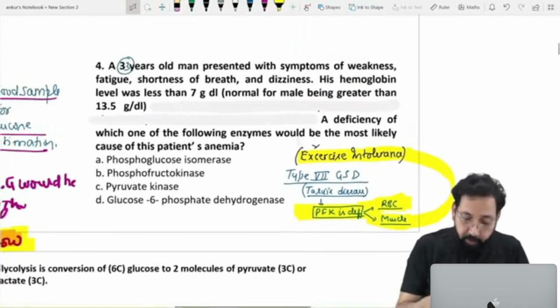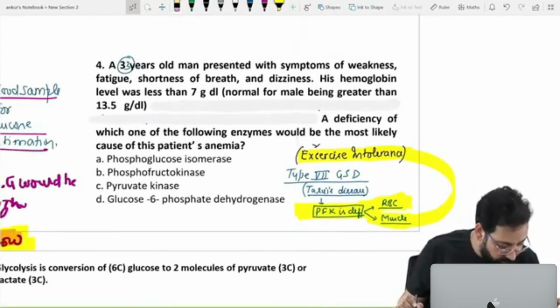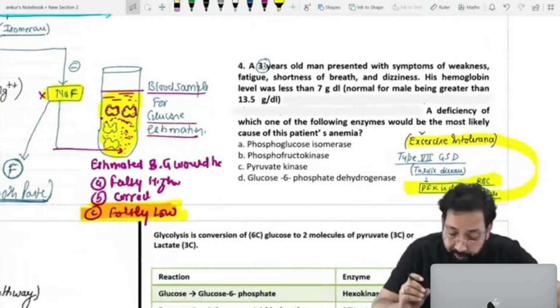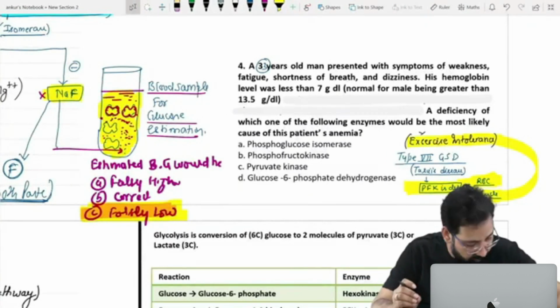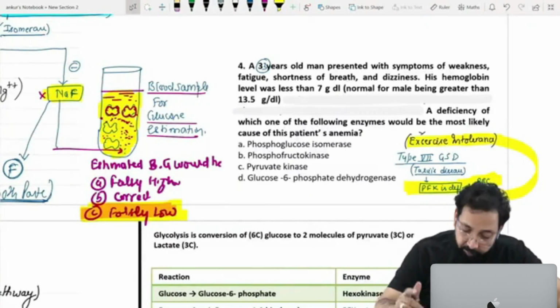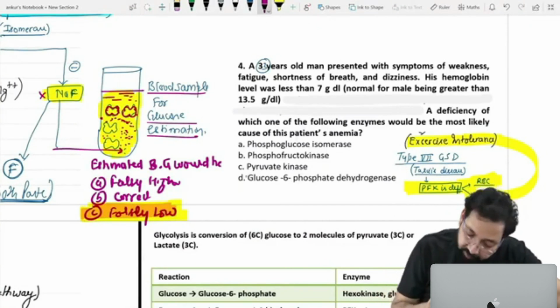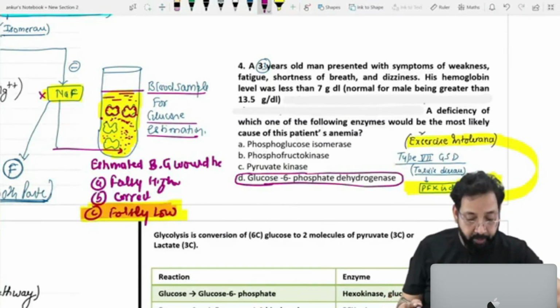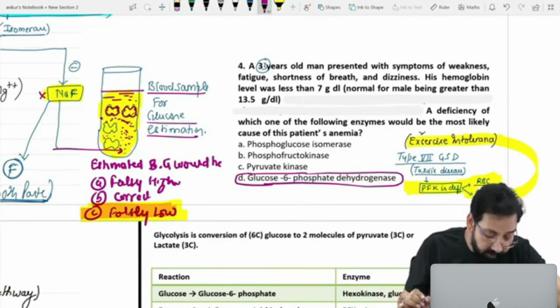Now if I remove this line, what is the answer? Please do reply. They have not mentioned anything, they are just asking which hemolytic anemia this is. Yes, you will prefer to answer D, the most common. Why is the answer D?